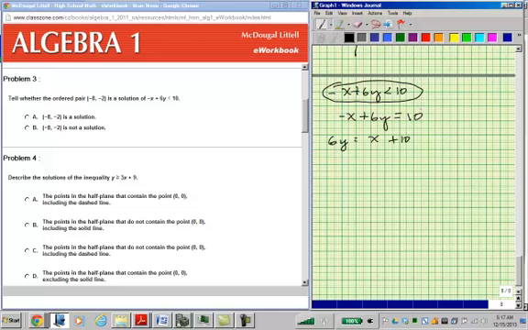Then we divide both sides by 6: 6y divided by 6 equals x plus 10 divided by 6. So y equals x over 6 plus 10 over 6. The slope is 1/6, so y equals 1/6x plus 5/3, which is 1 and 2/3.